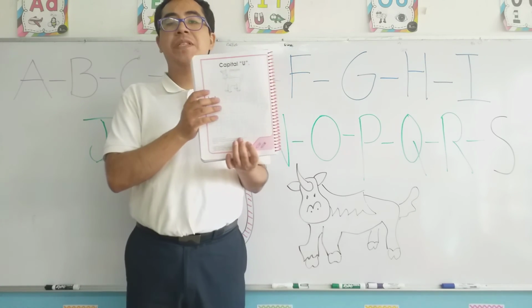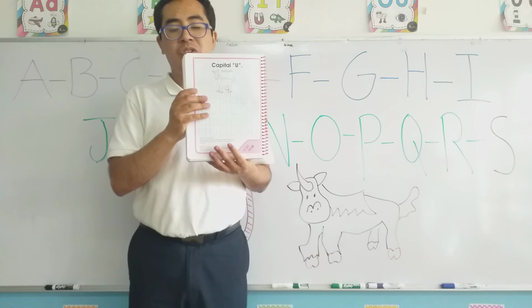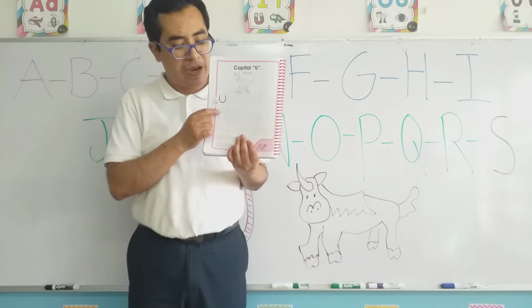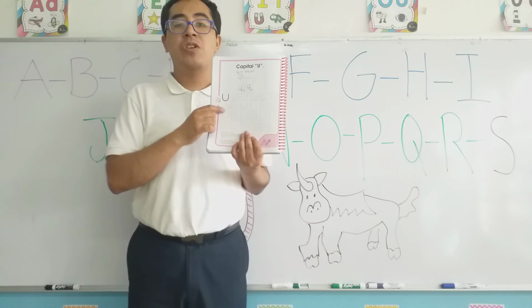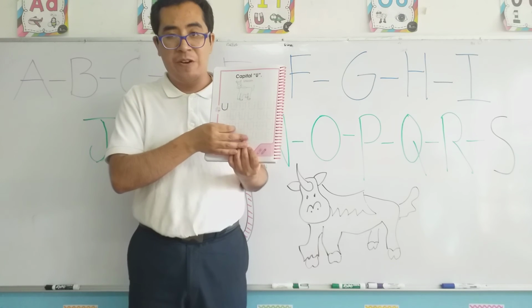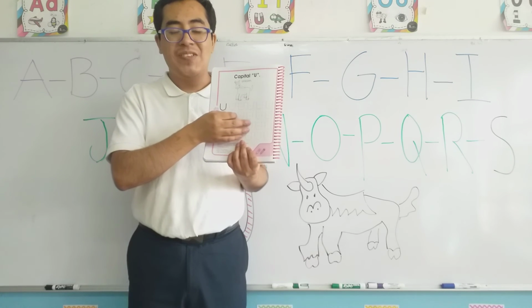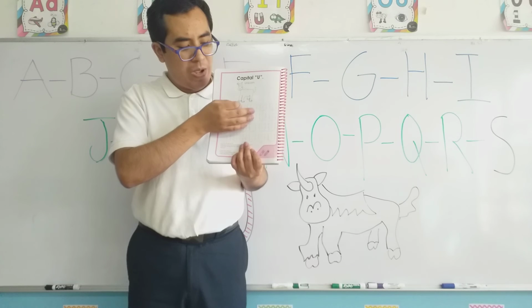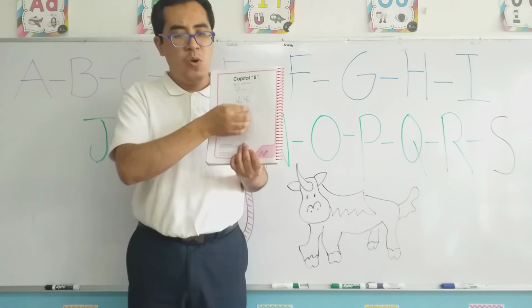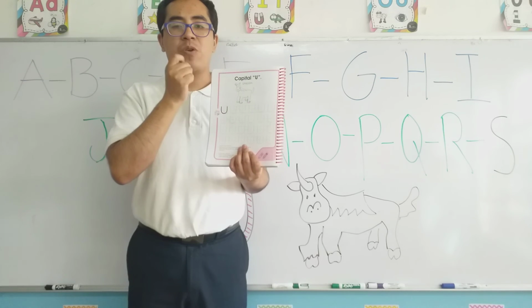Remember that this activity is divided in two parts. The first and most important part is the tracing of the capital U. So using your pencil, let's trace all examples of the letter while we repeat its name. Capital U, capital U, capital U for unicorn.